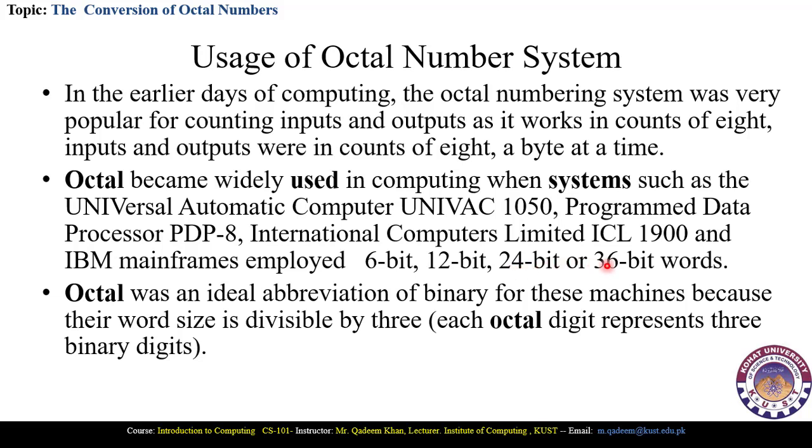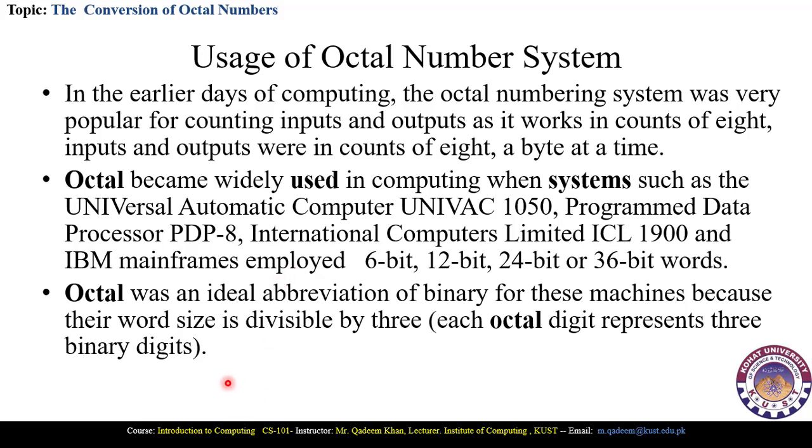Similarly, in 36-bit words, there were in fact 4 bytes, that means 32 bits, and then the next 4 bits were in fact the sign bits. So these are different computers which were used in the past, and these were classical computers which were based on the octal number system.